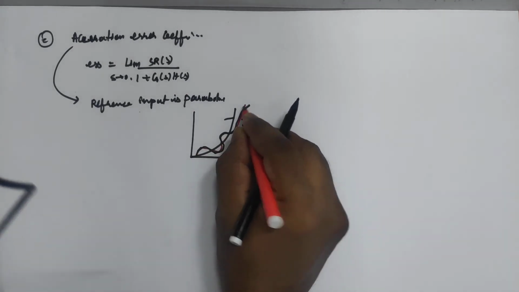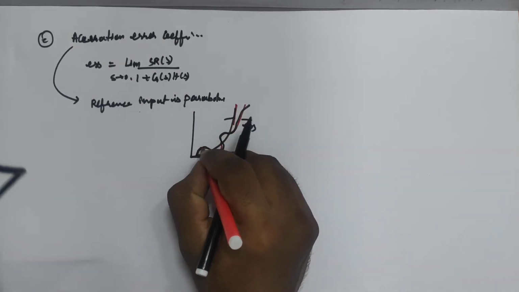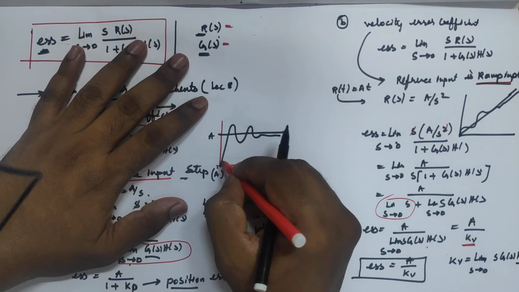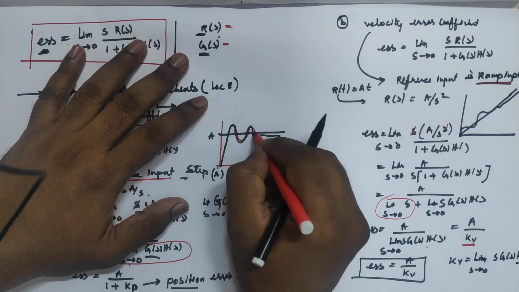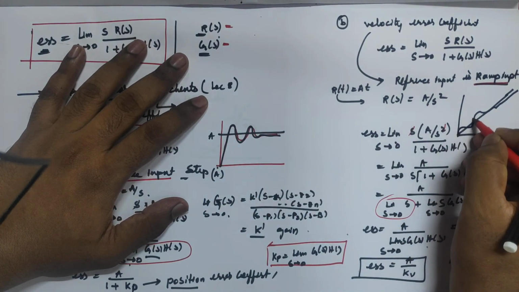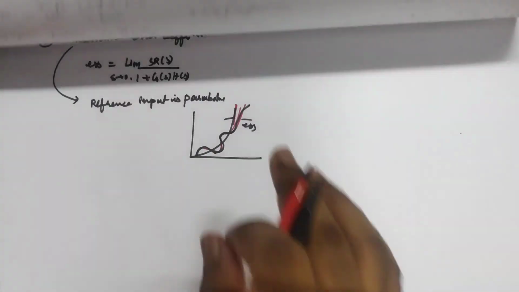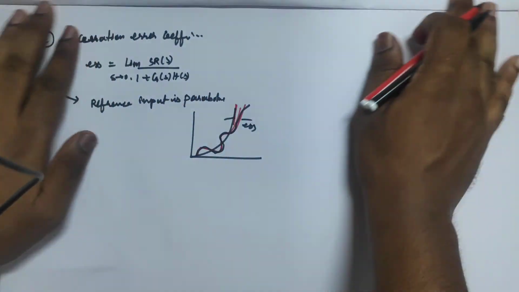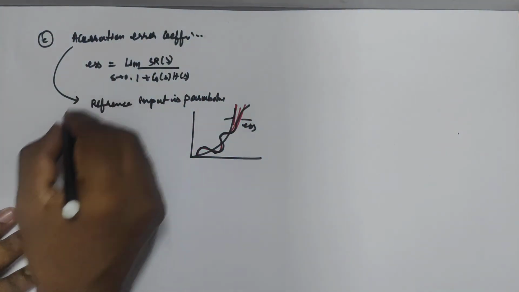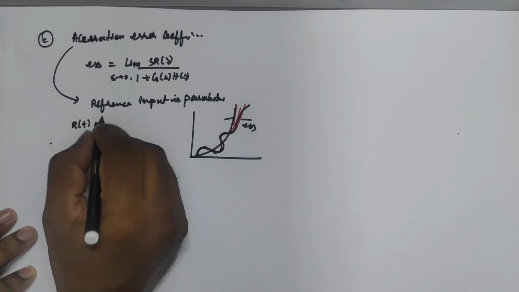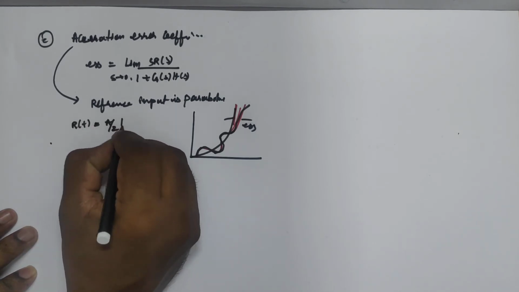My reference input is this one and the response of the system is this one, and for step input the reference response is this one. For the ramp input, the response is this one. You need to get clarity on this. So my reference input is parabolic, so r of t equals a by 2 t square.